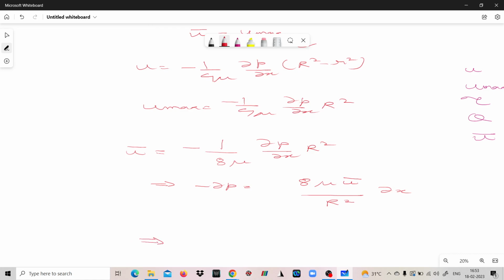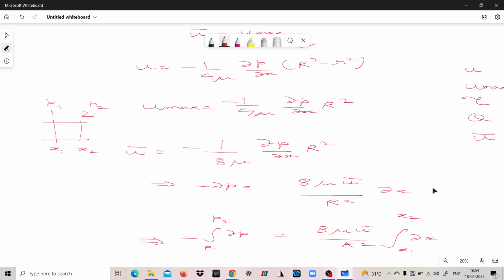Now if you consider two locations, say this is a pipe and you have considered two sections, section 1 and section 2, such that the pressure here is P1 and pressure here is P2, and say the coordinates or the length with respect to a suitable origin of here is x1 and here is x2, then if you integrate pressure from P1 to P2 along the left hand side, on the right hand side you will see that all these terms are constant, 8 mu U average by R square for this given set of conditions, except delta X, where the integration will be from x1 to x2.